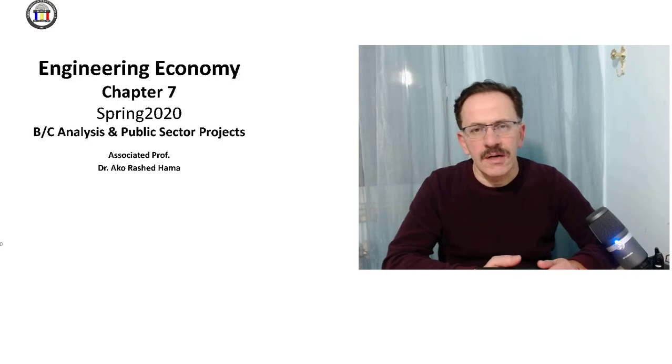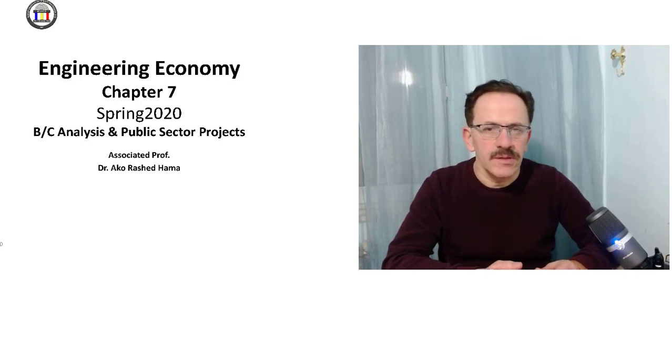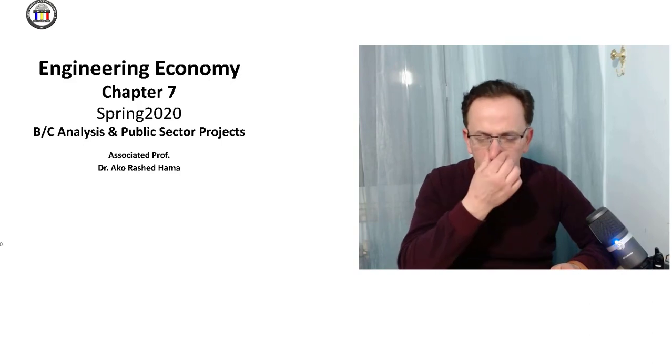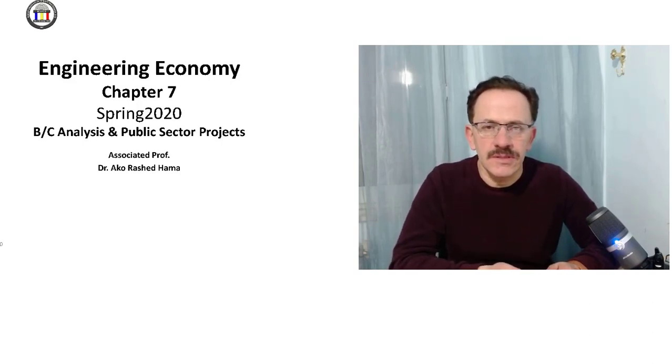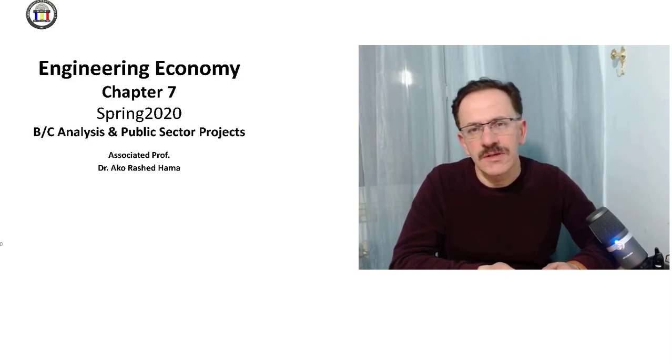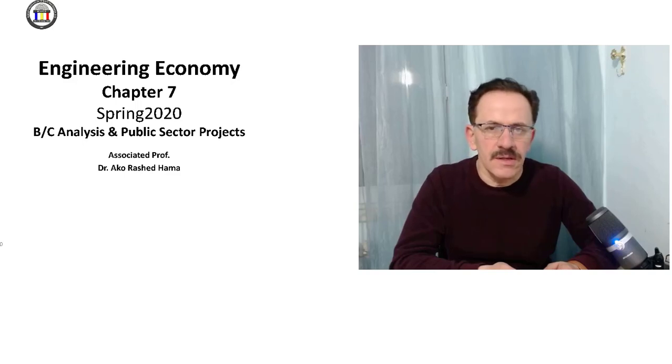We are not going to talk about the period of time, because B over C analysis works on long-term projects. If the fraction is less than 1, the costs are greater than the benefits, and the project is not justified.